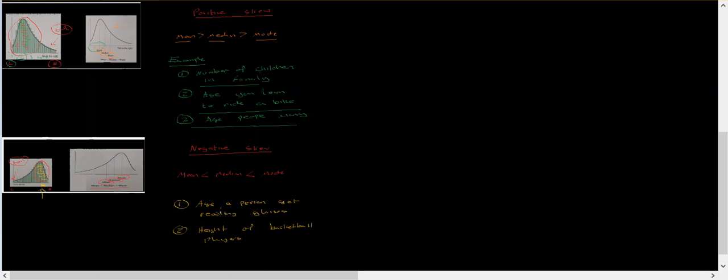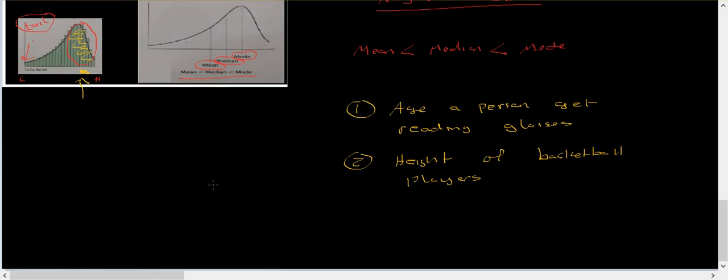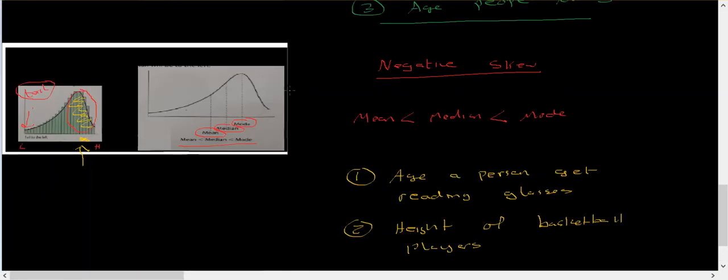Real life examples would be the age a person gets reading glasses, which is generally when they're older, so the data is going to fall somewhere along here. And the height of basketball players: they're all going to fall on the higher end of the height scale. They're all going to be taller. So that's what I mean.